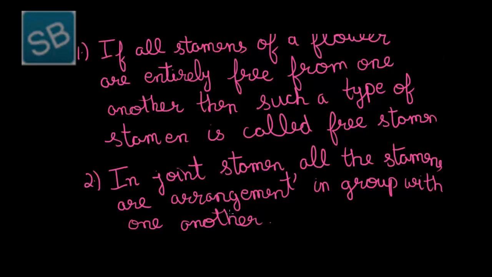Now in joint type, the joining of stamens can also be in different ways. In a joint stamen, the arrangement is basically of three types: monoadelphous, diadelphous, polyadelphous. As it can be seen from the figure, if all these stamens are arranged or joined through their common filament, then such a type is known as monoadelphous. Second, diadelphous. Sometimes two groups are formed, so such a type is known as diadelphous. If more than two groups occur, then such a joint is known as polyadelphous stamen.